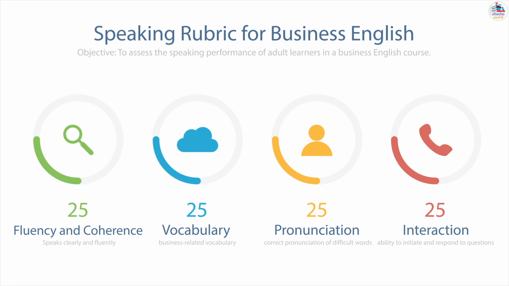Similarly, in terms of speaking rubrics, you can make 25 points for interaction. That means the speakers demonstrate the ability to initiate and respond to questions, engaging in meaningful dialogue with others. That means interaction, communication, social interaction, peer interaction. You can make 25 points.